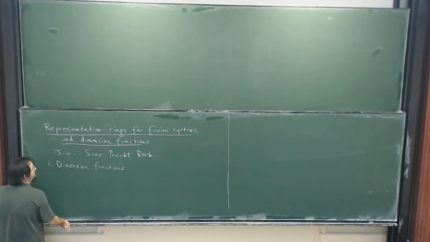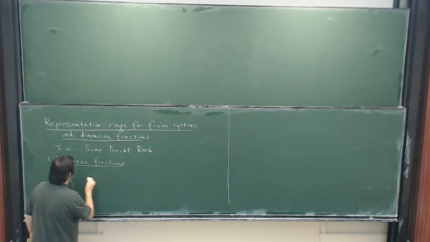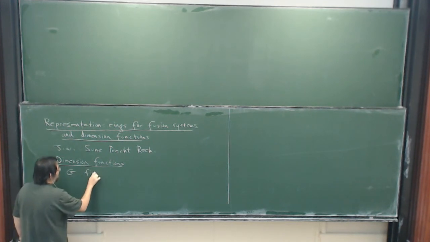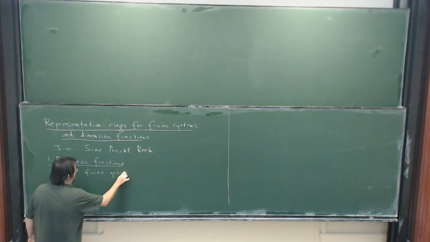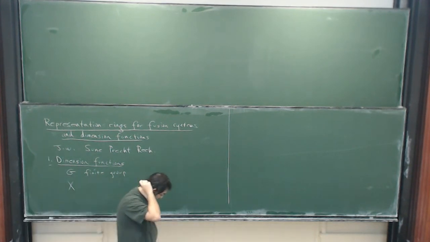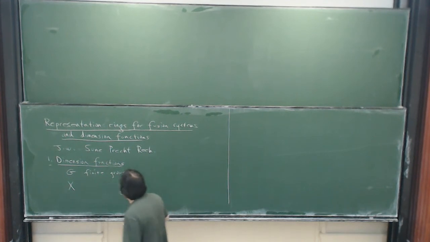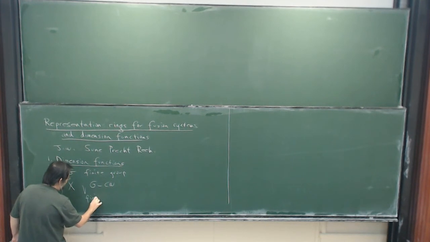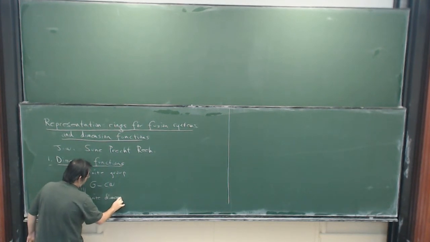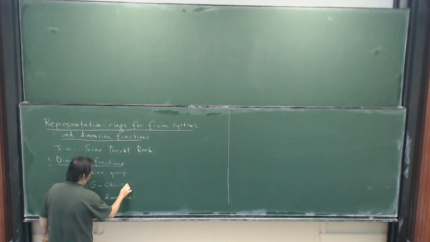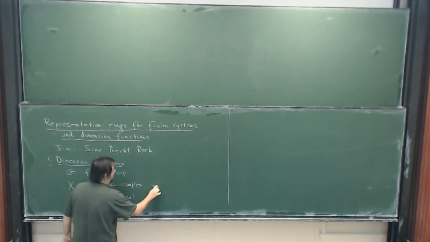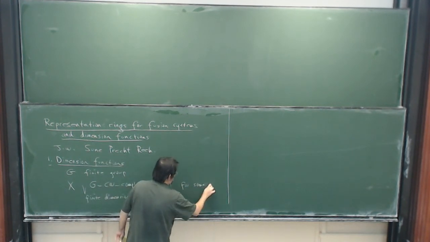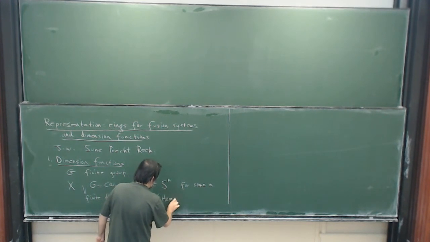Dimension functions are defined for homotopy G-spheres. Throughout, G is a finite group, and a homotopy G-sphere is going to be a G-CW complex, mostly finite, but at this point we can say finite dimensional. We'll want this to be homotopic to a sphere for some n, and we usually call these homotopy G-spheres.